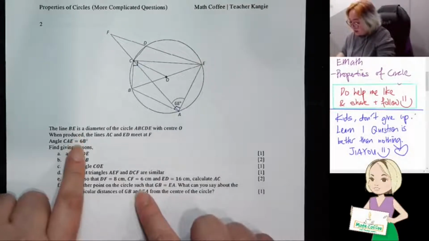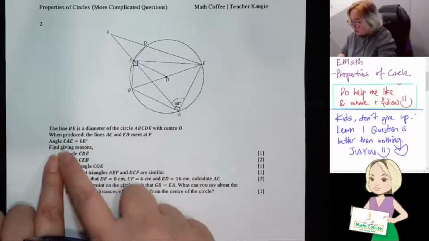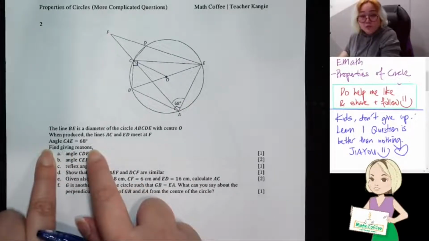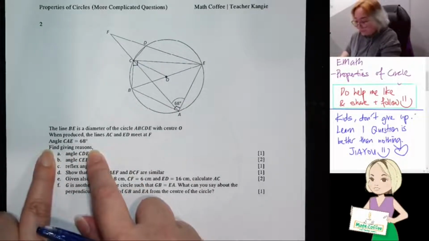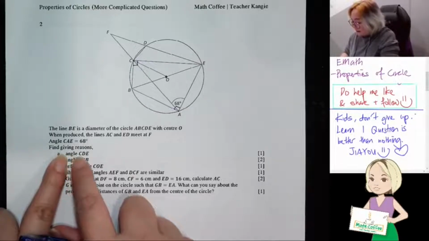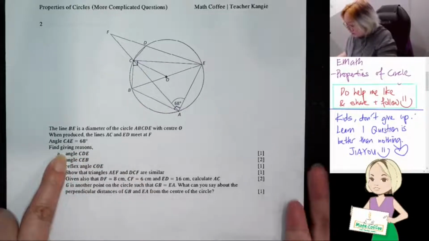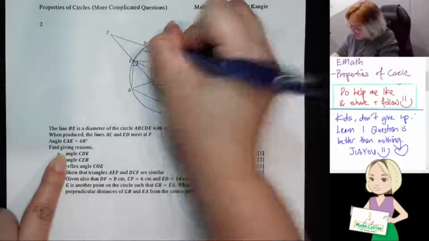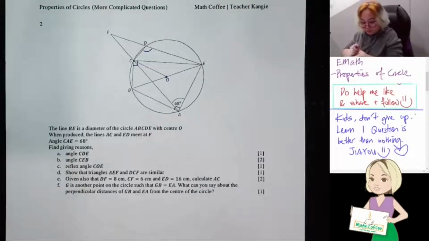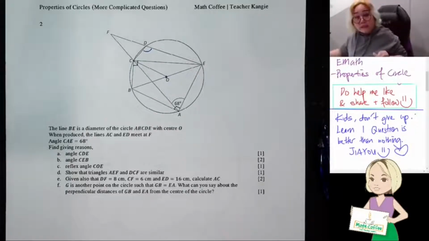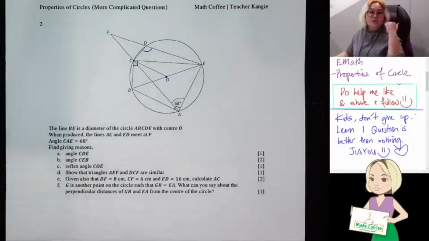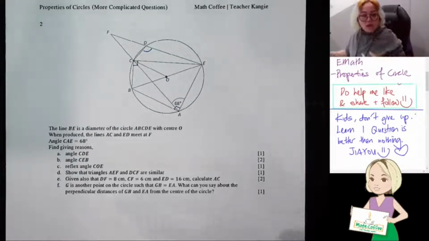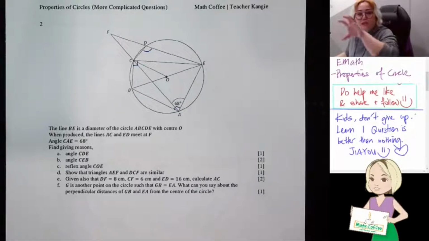Then after that, this 68 is already stated. So by giving reason, you need to find angle CDE. So where is CDE? So your task is to find out what is this angle over here. So this will use the very popular property, which is the quadrilateral in a circle.